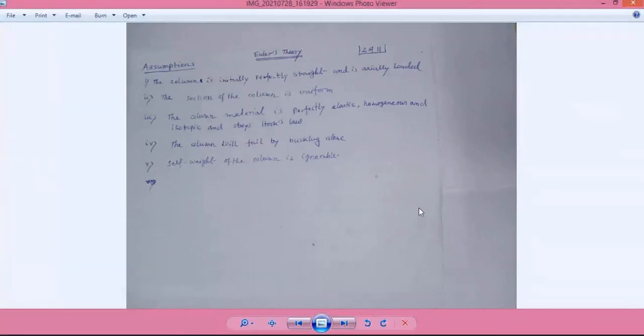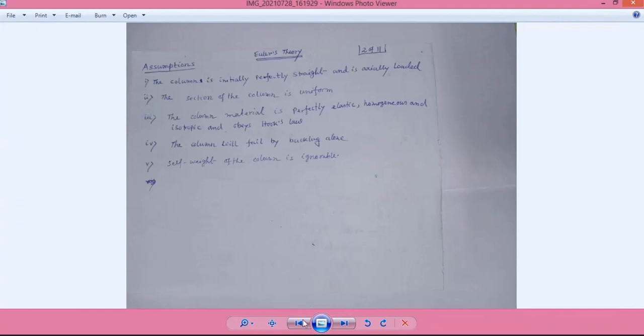The first assumption. What is the first assumption? The column is initially perfectly straight and axially loaded. If the line of action of the load passes through the centroid or CG of the cross section, then only the column is axially loaded. We call it axially loaded.